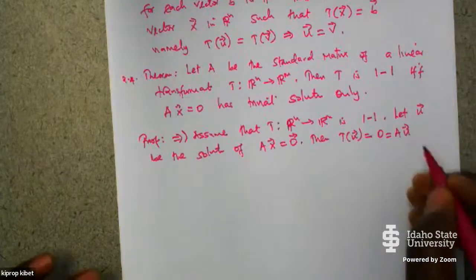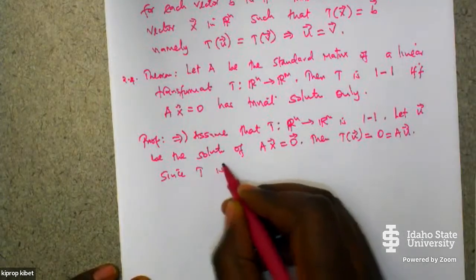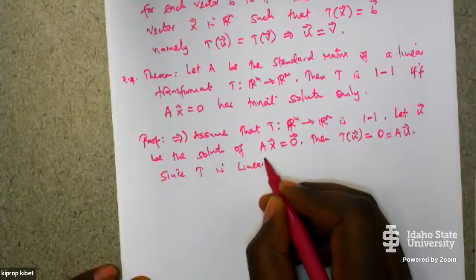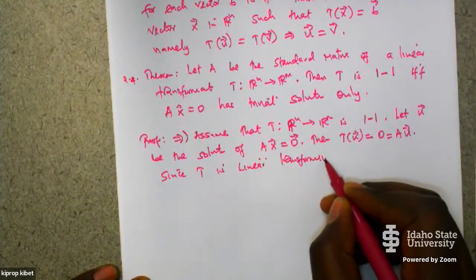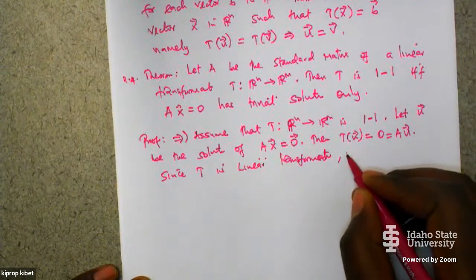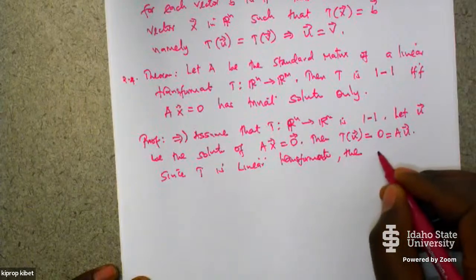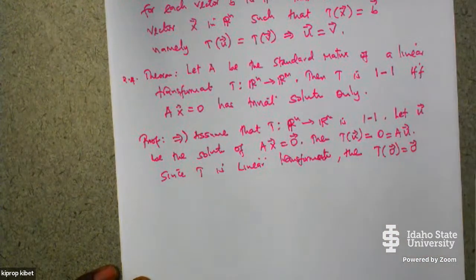Now, since T is a linear transformation, we also have T of 0 equals the 0 vector.